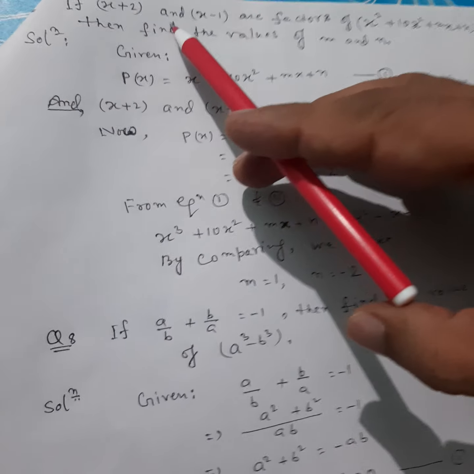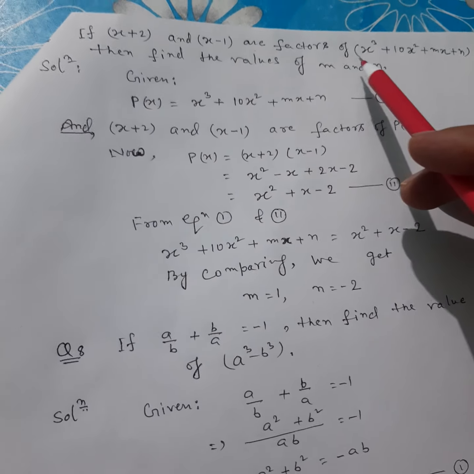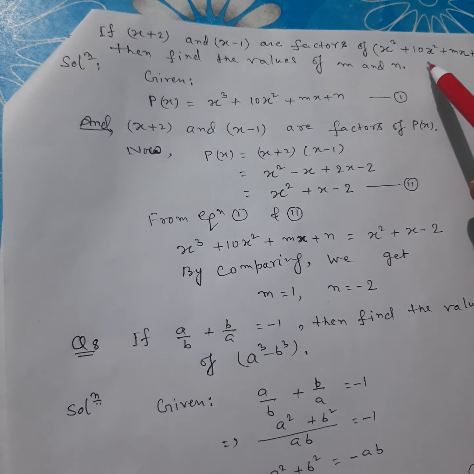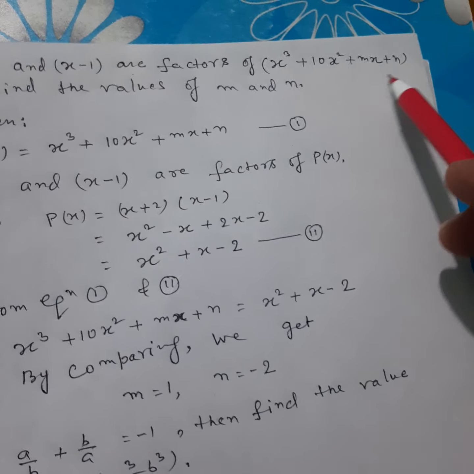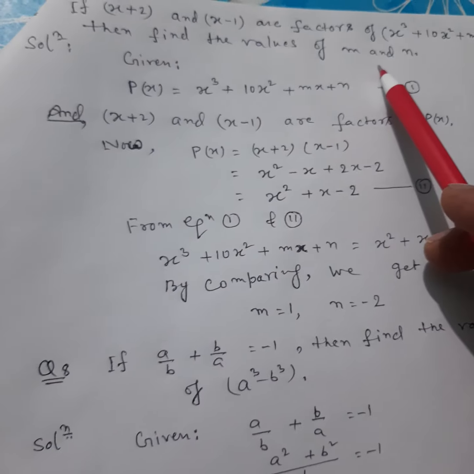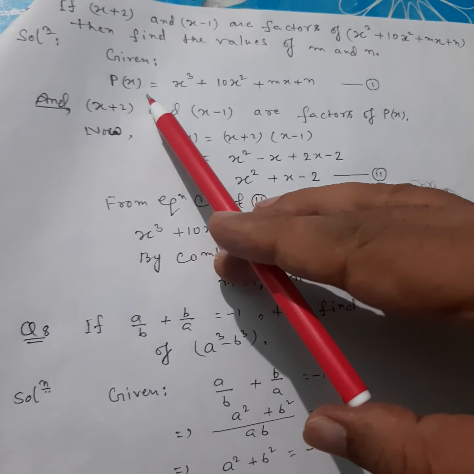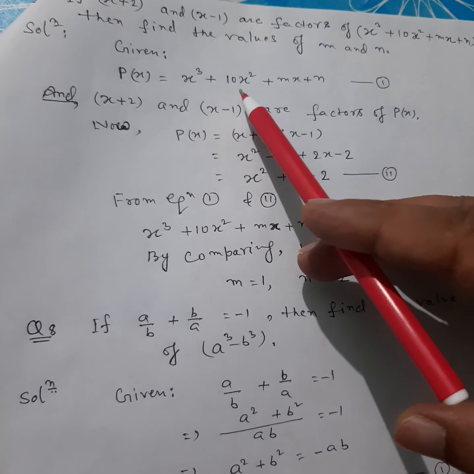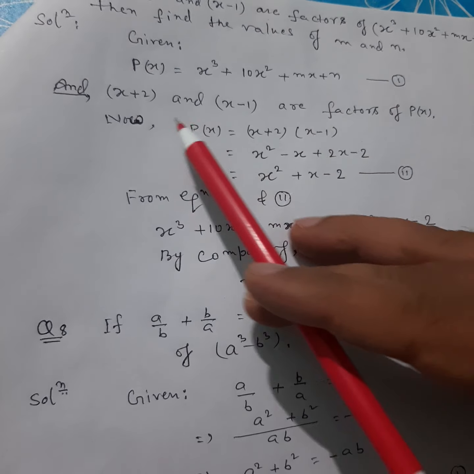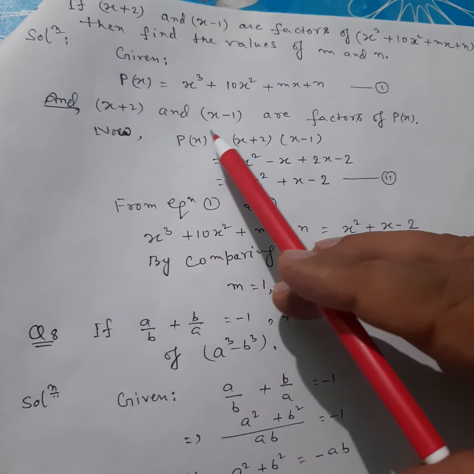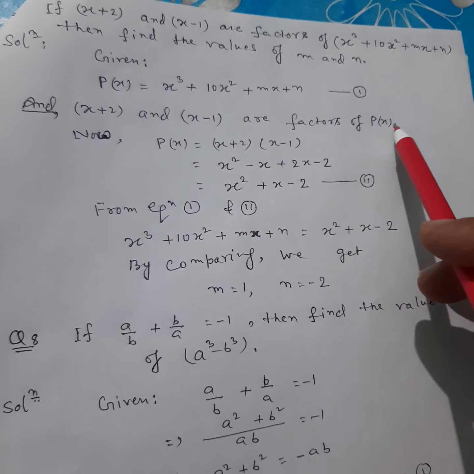x + 2 and x − 1 are the factors of x³ + 10x² + mx + n. Find the value of m and n. Here given p(x) = x³ + 10x² + mx + n, equation 1. x + 2 and x − 1 are factors of p(x).